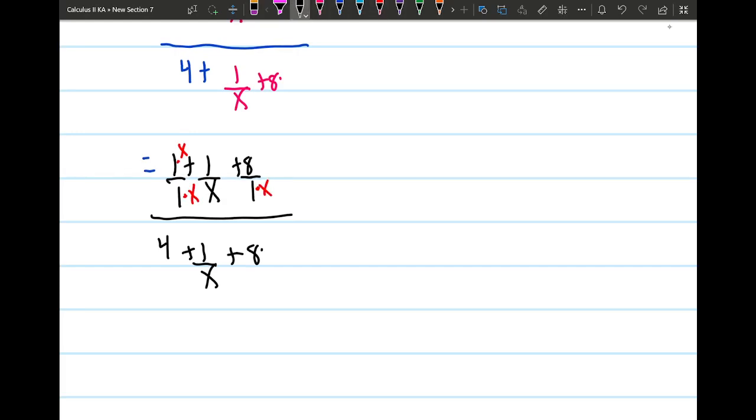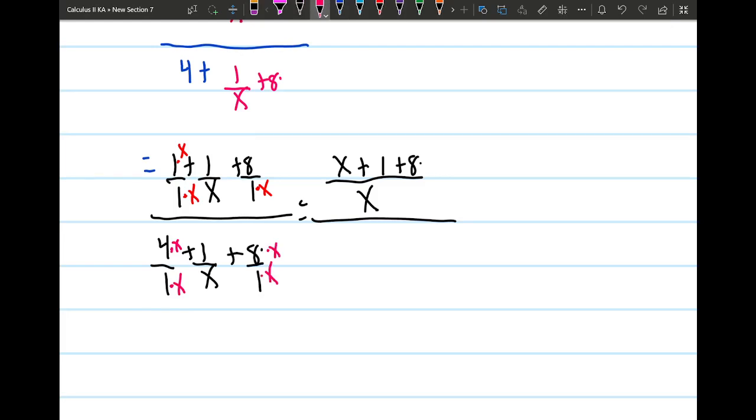So this gives us x plus 1 plus 8 all over x, over, and if we do the same thing for the bottom, we're just going to multiply by x just like we did on the top. So it's 4x plus 1 plus 8x all over x.